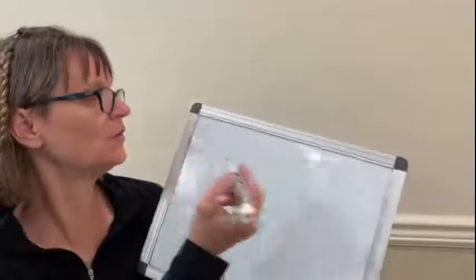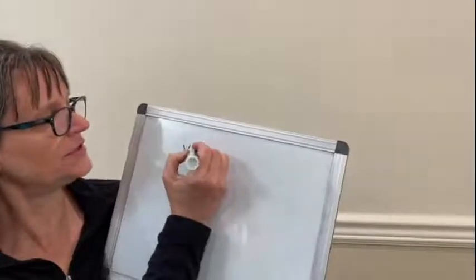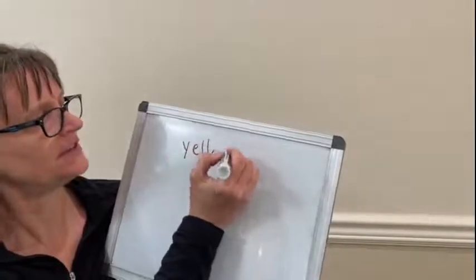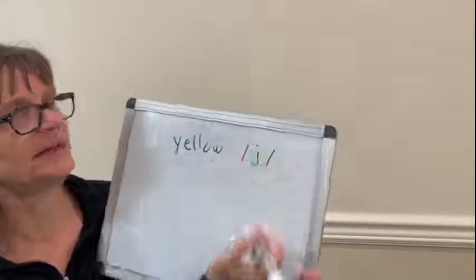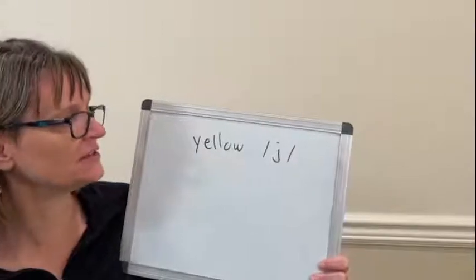Let's talk a little bit more about I want to talk a little bit about the letter Y. So letter Y can say different things. At the start of words, it often says the Y sound, like in yes and yellow, and it functions more as a consonant sound.